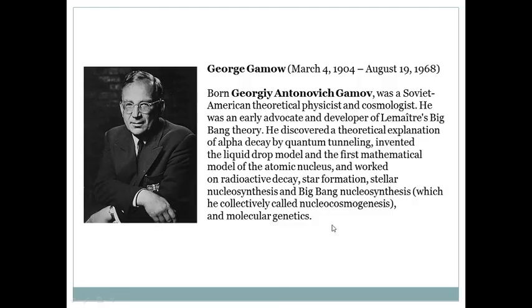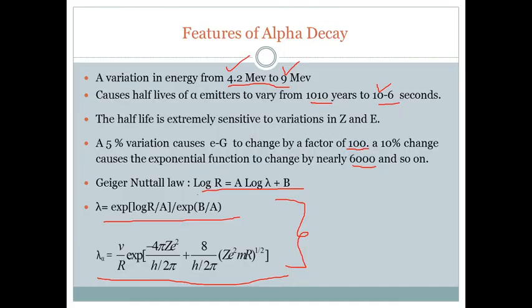Here is this great man, Soviet-born American, and he was one of the pioneers of this particular theory, and he solved the alpha decay paradox and could explain alpha tunneling.